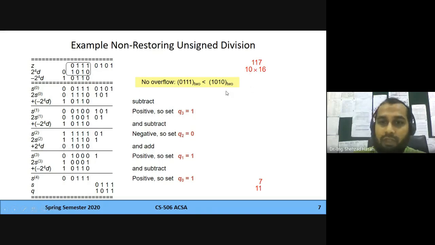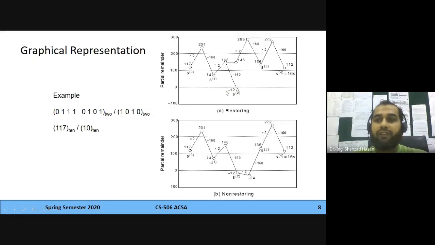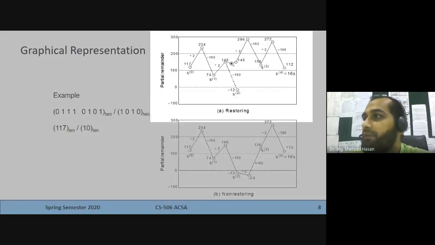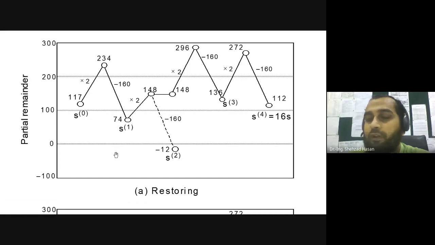So another way to show this graphically is like this. I'm going to zoom in over here to show you the restoring part first. What's happening in the restoring part? We started with 117.